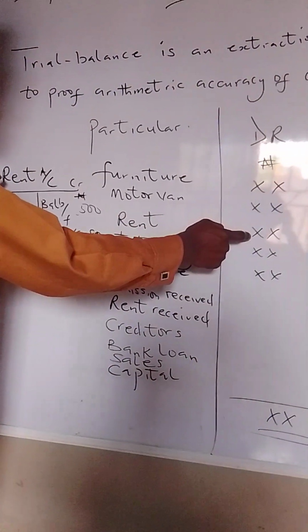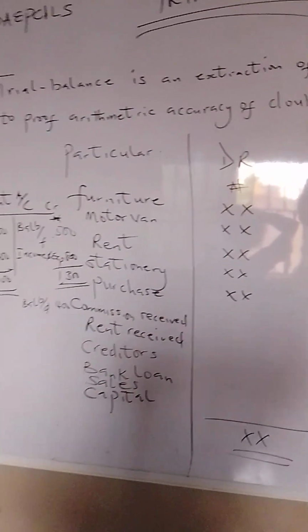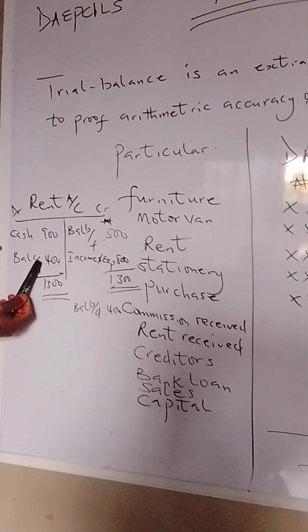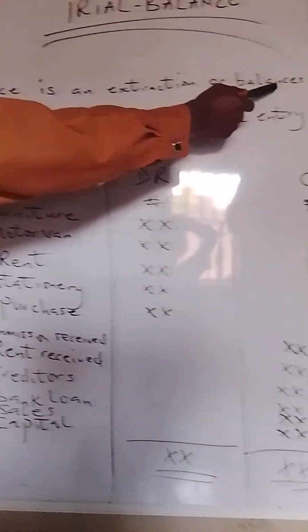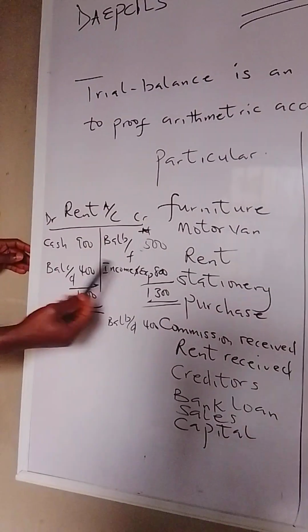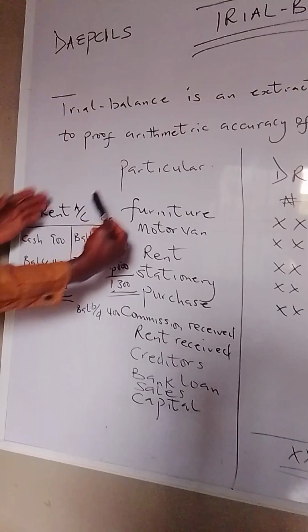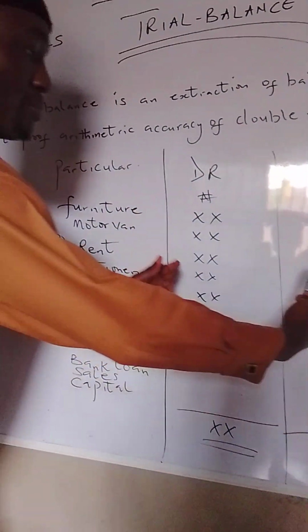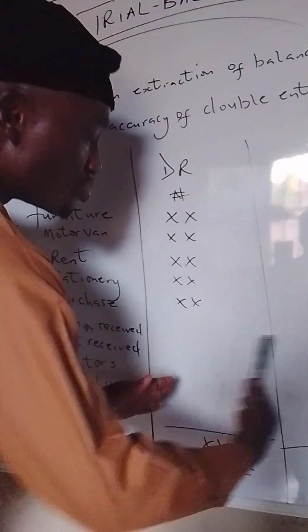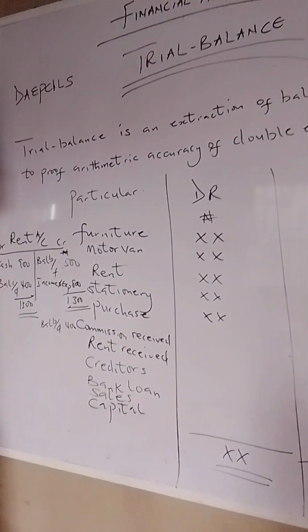The rent we are going to use here will now be 400 naira. We treat this as our trial balance. We take these balances; that's why we say extraction of balances from the ledger to prove arithmetic accuracy. That is, are the two sides equal to each other? Do they balance or not? That's what they call trial balance.